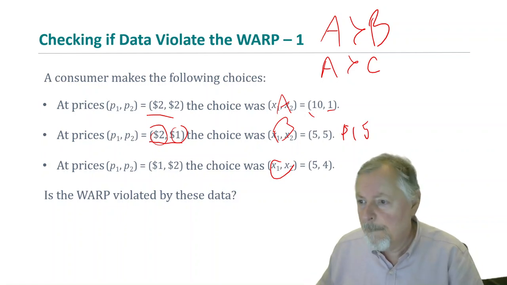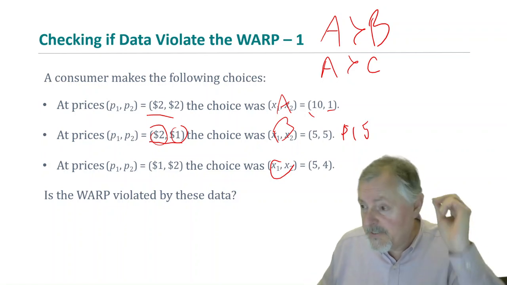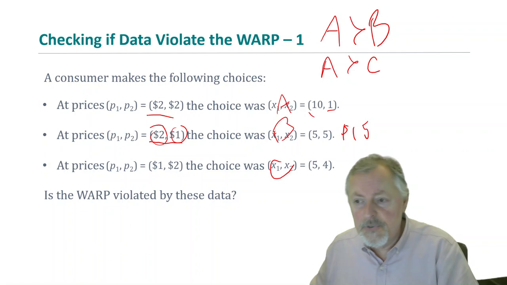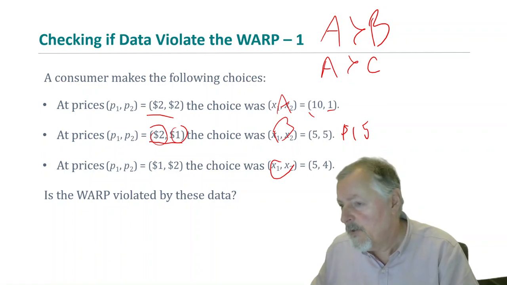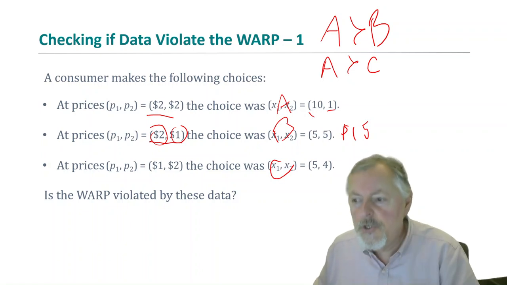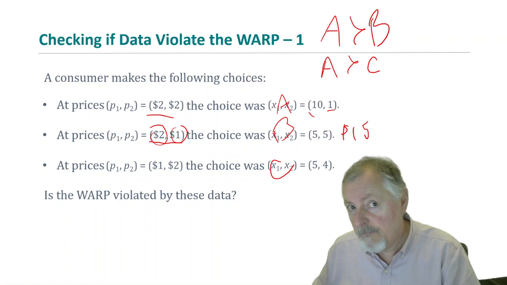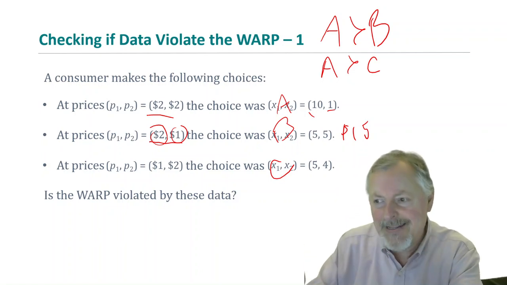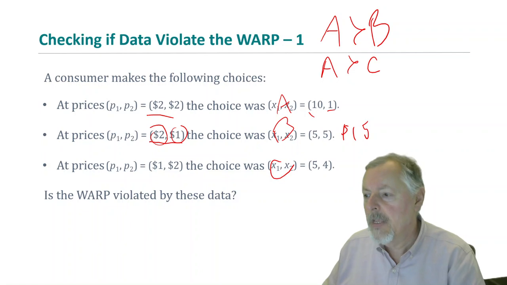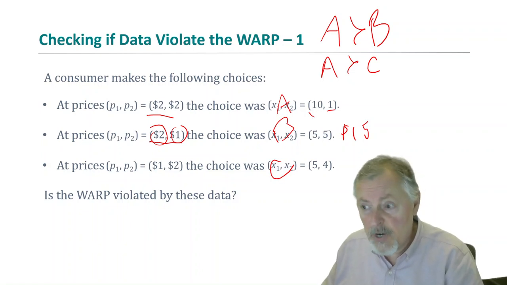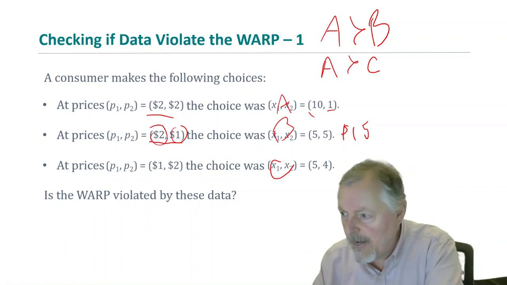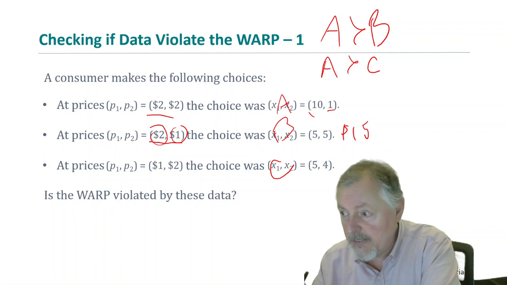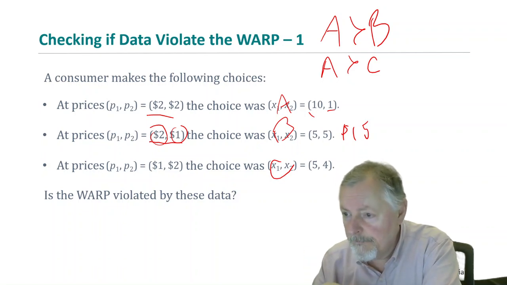Let's look at C. You also could have picked C at the prices of $2 and $1. You picked B. Could you have purchased C? Well, let's look at bundle C again at the middle prices. Bundle C at those prices would have cost you 5 times 2, that's $10, plus 4 times 1.